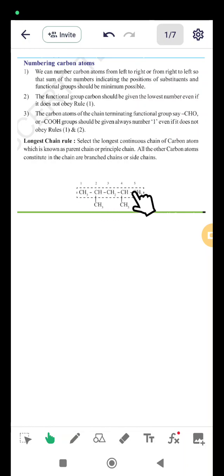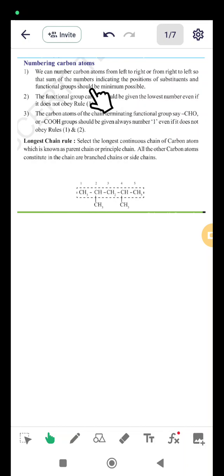So the first rule is, we can number carbon atoms from left to right or right to left also. For example, here you can number this longest chain. You have to choose the longest chain first, then number the carbon atoms. How many carbon atoms are there?